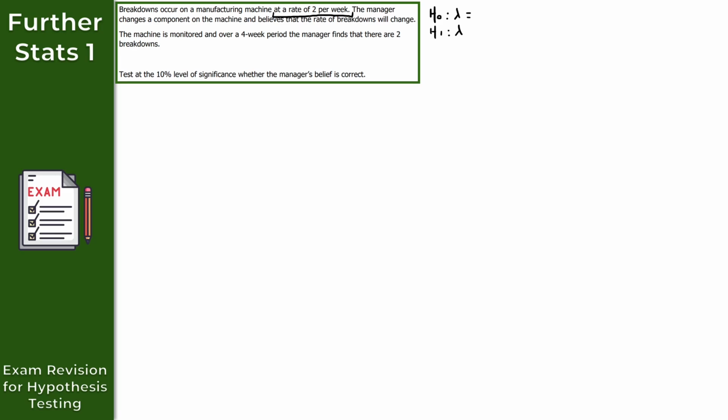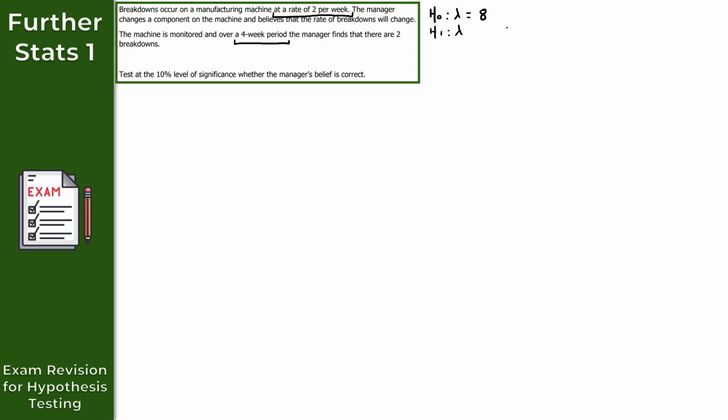Because the actual time period for the evidence is a 4-week period, we need to scale the original mean up. Because this is at a rate of 2 per week, and we're looking at a 4-week period, we need to scale this up to 4 weeks. So we times this value of 2 by 4, which gives me 8. So lambda is equal to 8.